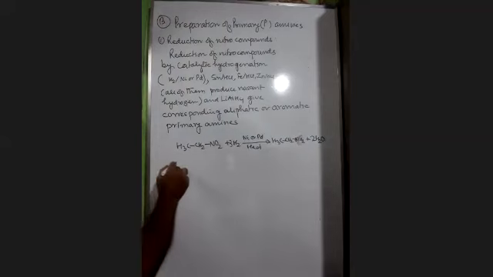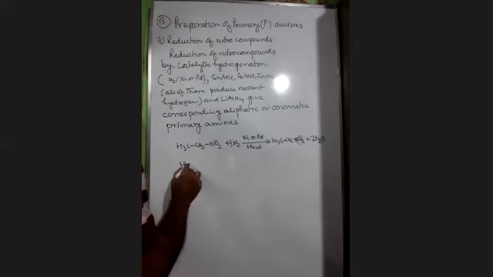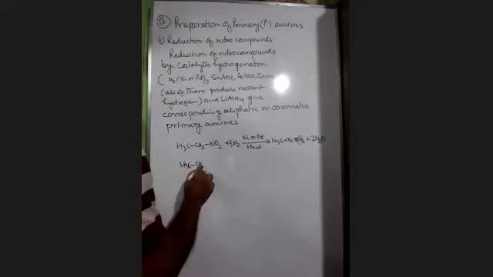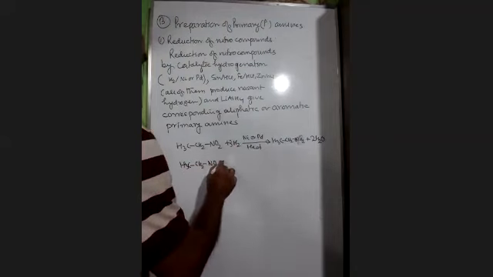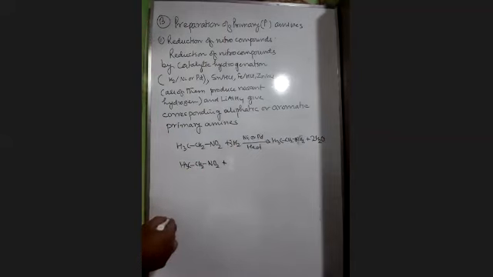So this is what we have done by hydrogenation. Second, I am producing hydrogen by the reaction of these metals. Okay. So whichever metal is there in your lab, you can use it.